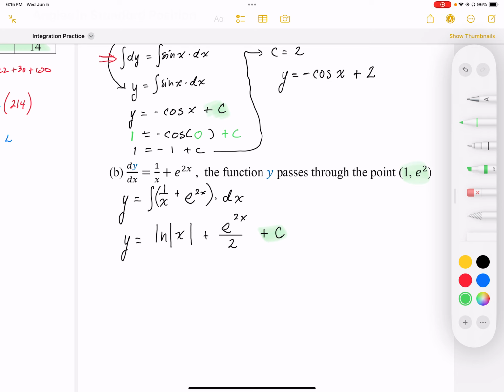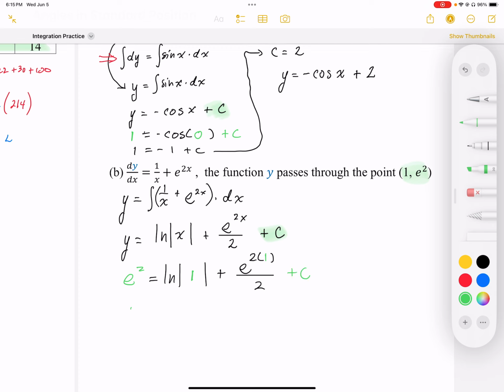So plugging in that coordinate, y is e squared, is equal to log of x, that is going to be 1. I'm plugging in 1 into here, plus e to the 2 times 1, and that's going to be divided by 2, plus c, and this is going to allow me to solve for plus c.